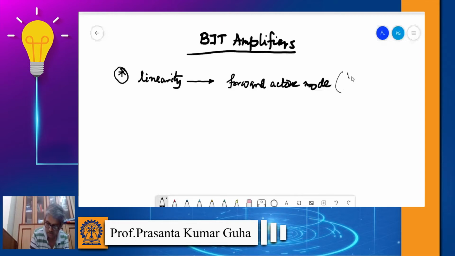So that means VCB reverse bias and VBE forward bias.